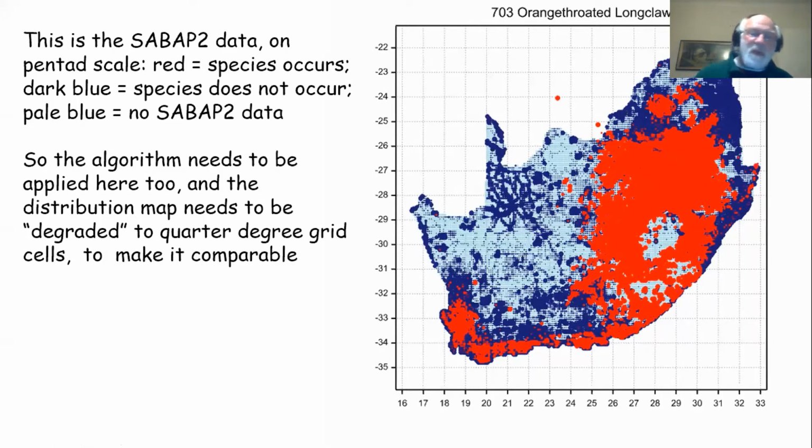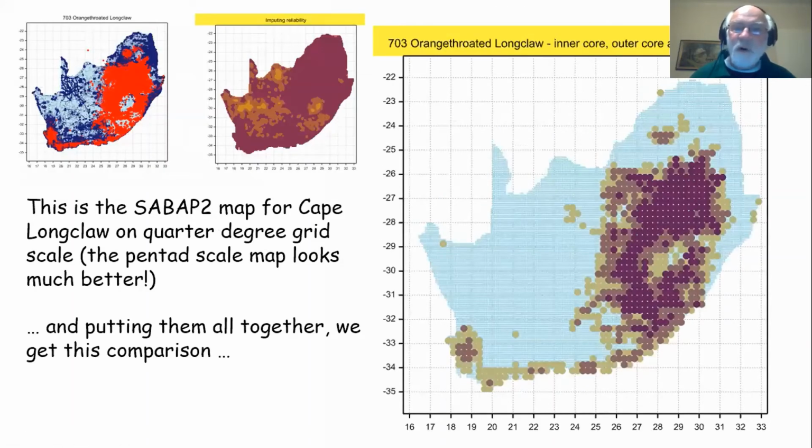And then because the SABAP2 data is on a pentad scale, and the BirdPix data is on a quarter-degree grid cell, I then have to degrade the pentad scale map to a quarter-degree map. And this is what the map for the orange-throated longclaw looks like. The pentad map looks much, much better than this, and actually is, I think, a pretty good map of the distribution.